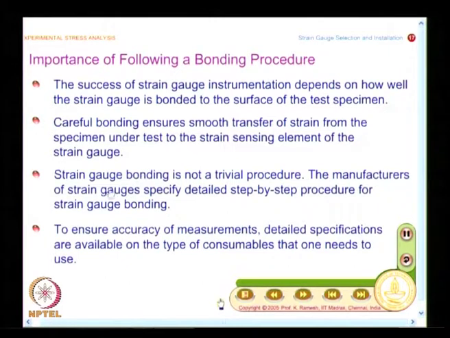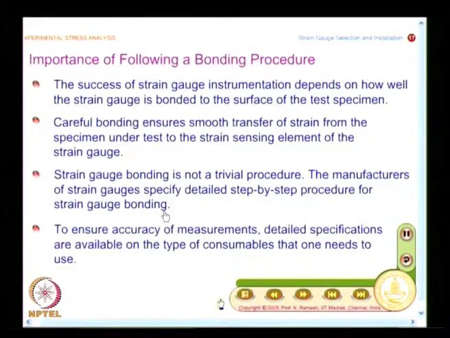And do not think that strain gauge bonding is a trivial procedure. If you look at the manufacturers of strain gauges, they specify a detailed step by step procedure for strain gauge bonding. And what is the focus? You would like to maintain a certain level of confidence in the measurement of strain gauges. You want sufficient accuracy to be maintained.